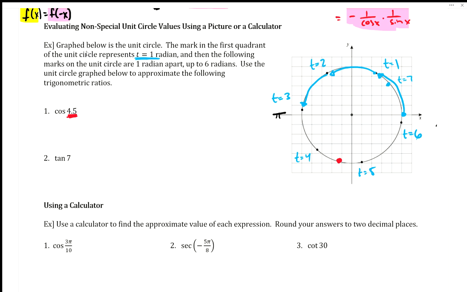I do want the terminal point, and I am in quadrant 3. The next thing I need to figure out is the scale of this picture. It looks like it goes 1, 2, 3, 4, 5. But remember that this is the unit circle, so the point where it starts is the point (1, 0).